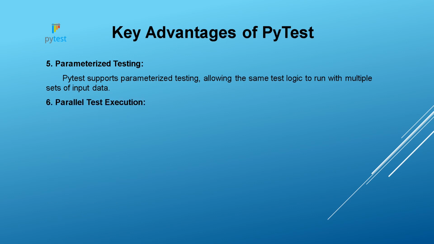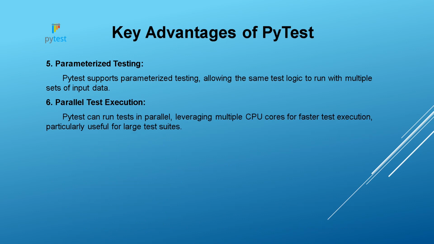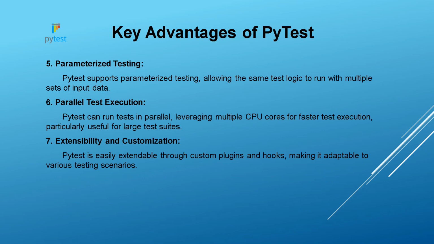Parallel test execution. Pytest can run tests in parallel, leveraging multiple CPU cores for faster test execution, particularly useful for large test suites. 7. Extensibility and customization. Pytest is easily extendable through custom plugins and hooks, making it adaptable to various testing scenarios.